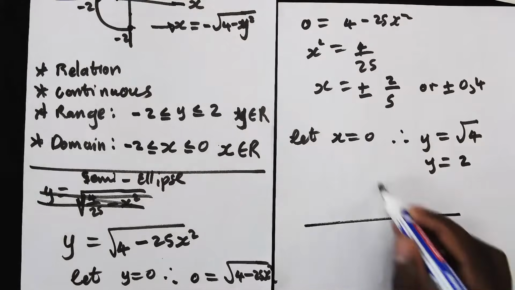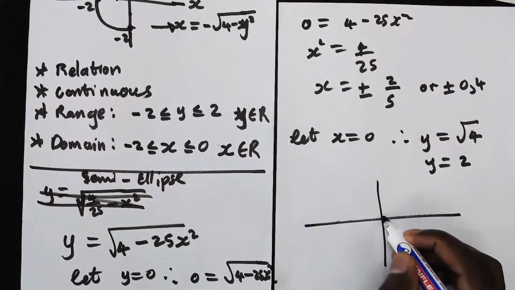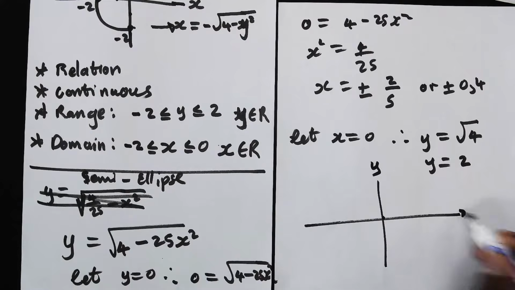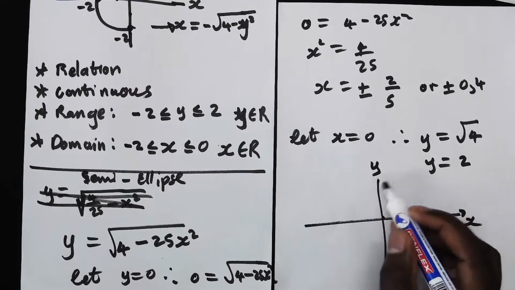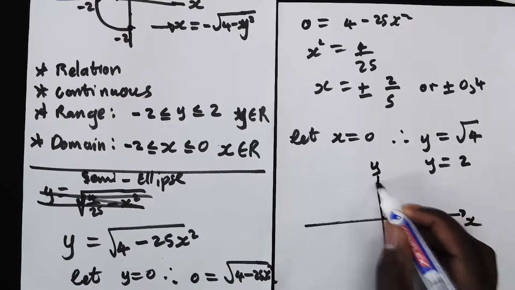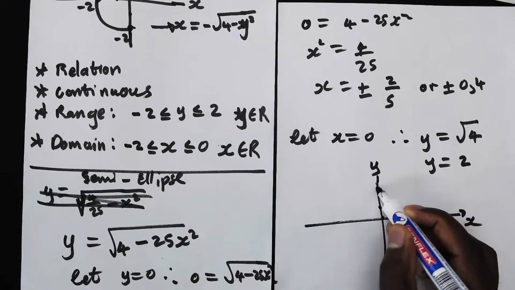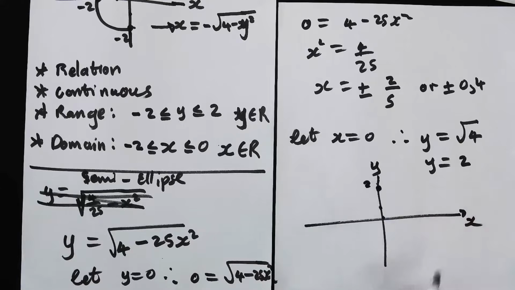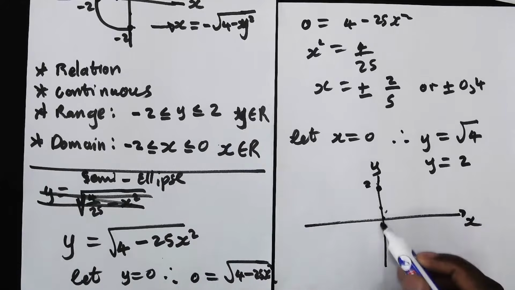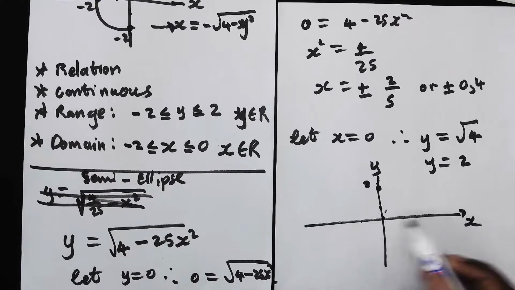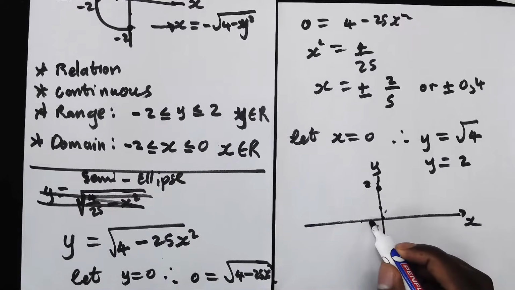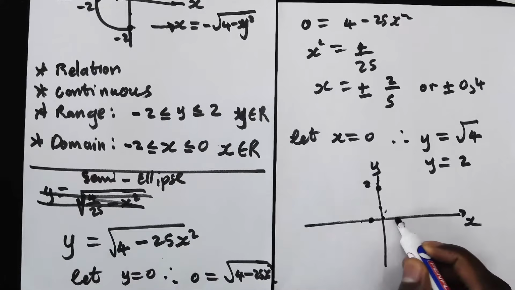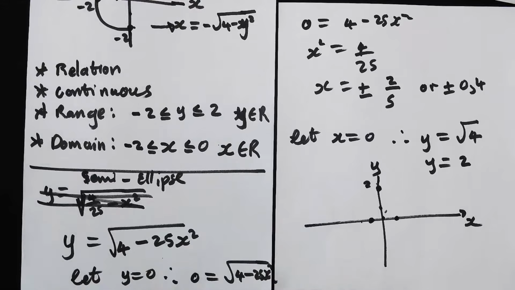So when you try and plot the function, if x is 0, therefore y, let me say this is 1, this is 2. So y is 2, isn't it? And if let's say now y is 0, x is either plus or minus 0.4, right? So 0.4, we can project it somewhere there. It's a very small value.